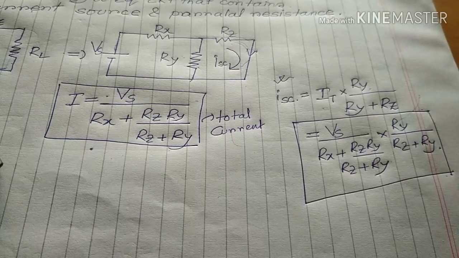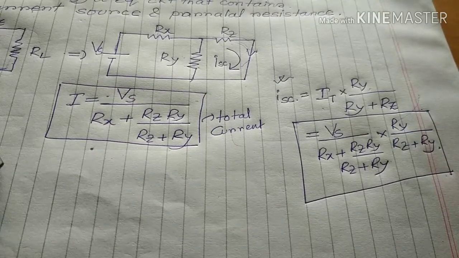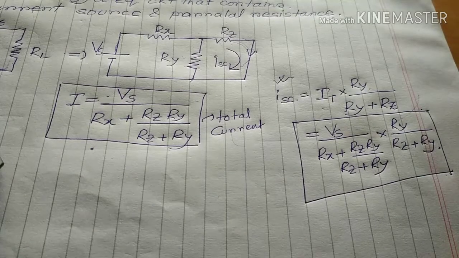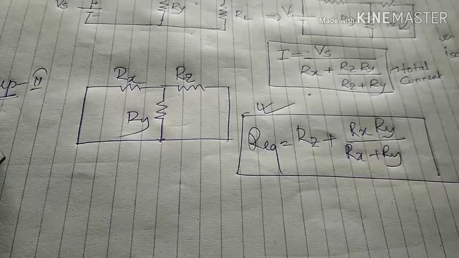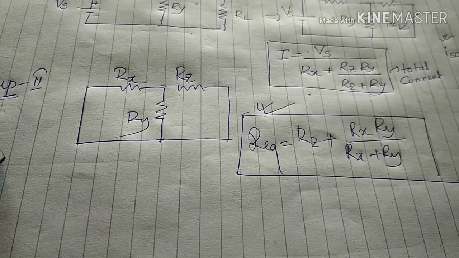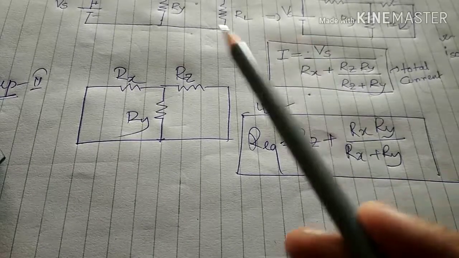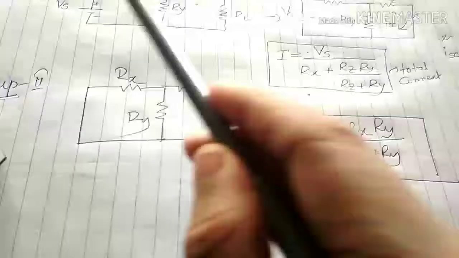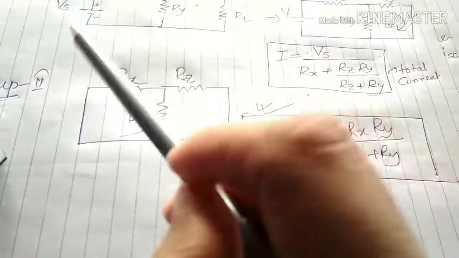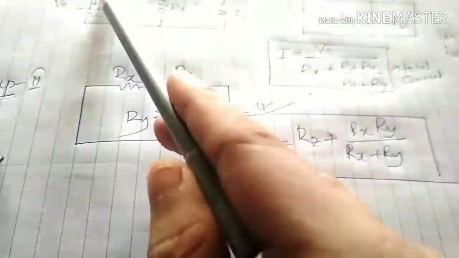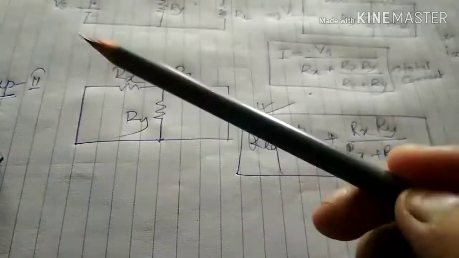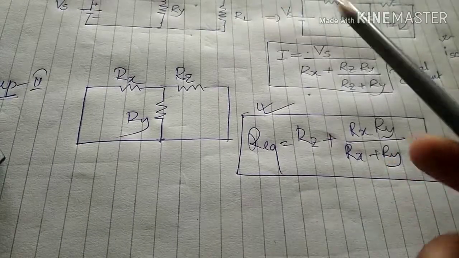Now we calculate the resistance of the circuit by replacing all the sources by their internal resistances. In the video of Thevenin's theorem, I stated that when replacing any source by its internal resistance, a voltage source will be short circuited and a current source will be open circuited.